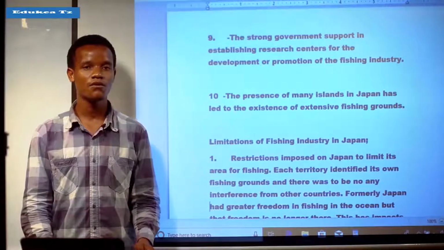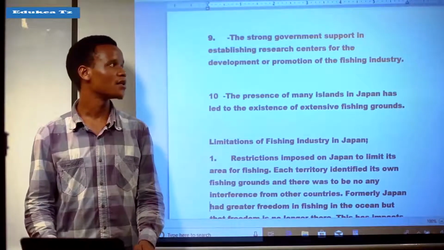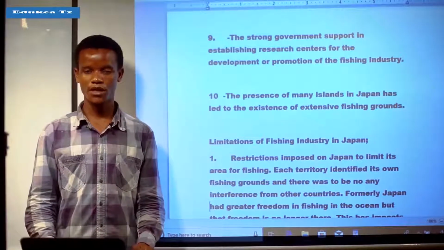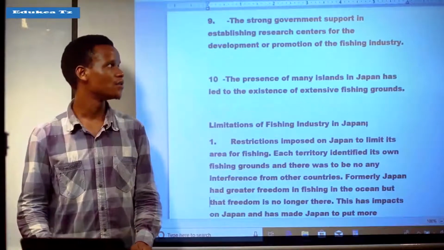So the government provided strong support to the fishing sector and hence it tended to develop. That is another factor that contributed much to the development of fishing in Japan.